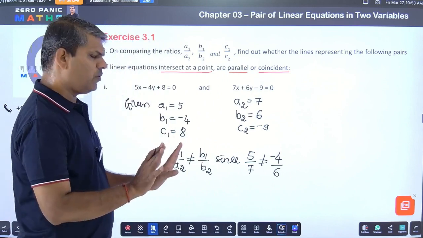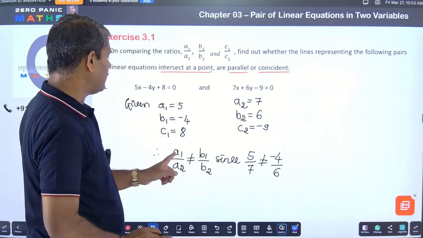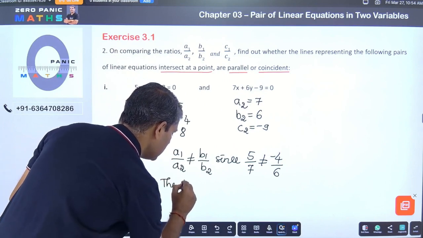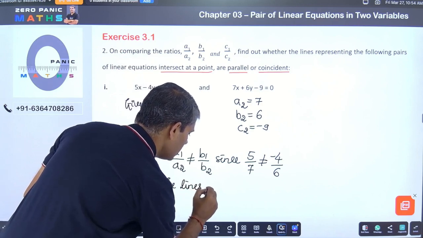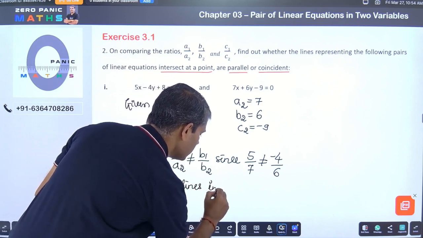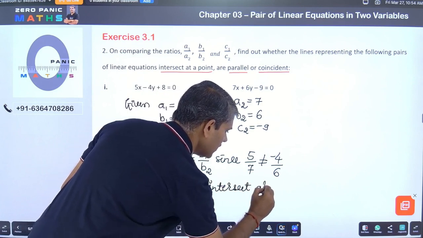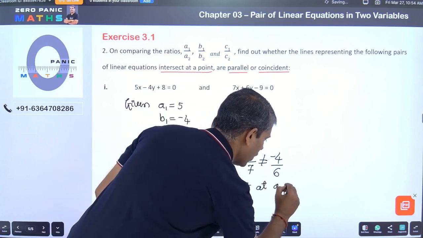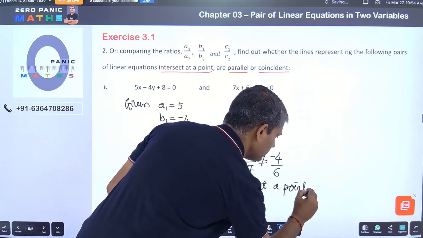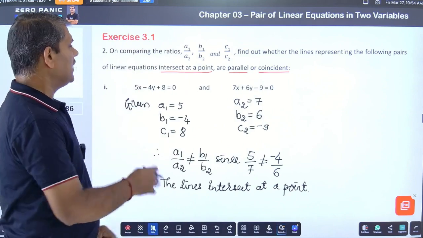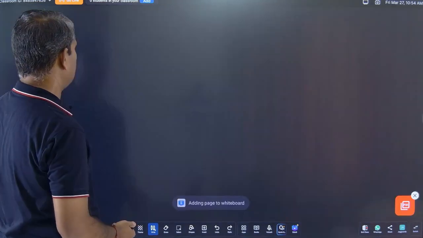So this is the very simple condition that we need to identify. Therefore, the lines intersect at a point. This is a simple solution.